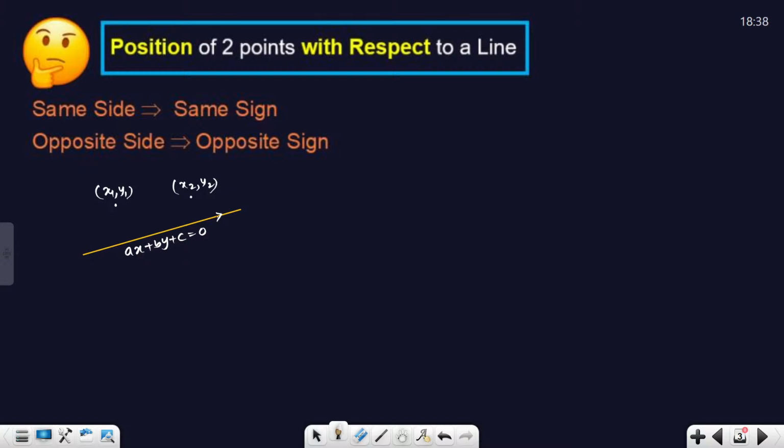All you have to do is simply put those 2 points in the given equation. Okay, so this is the expression that we are getting after putting the point x1, y1. And if we put the second point, we are going to have this expression.